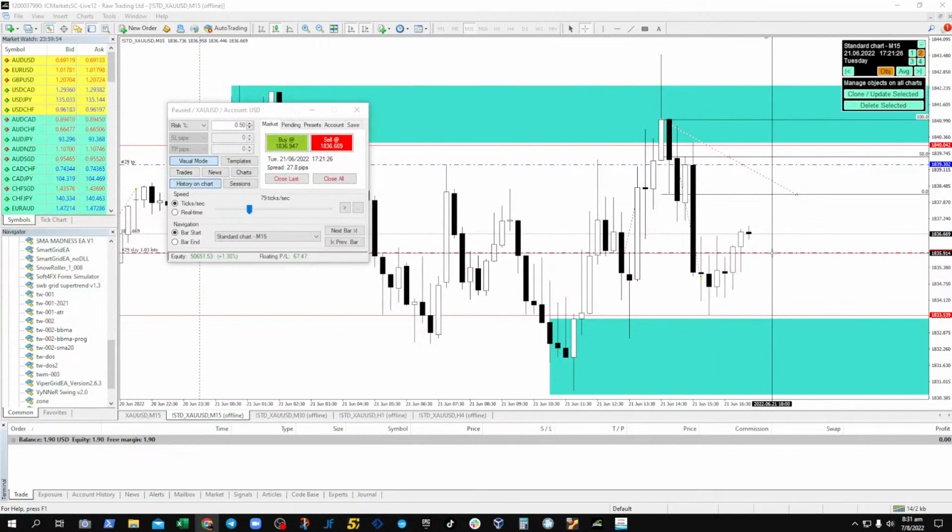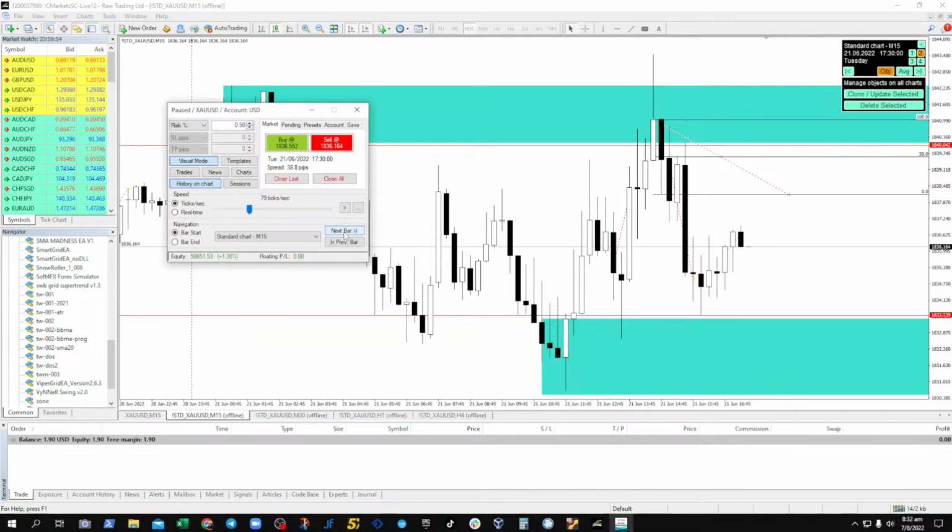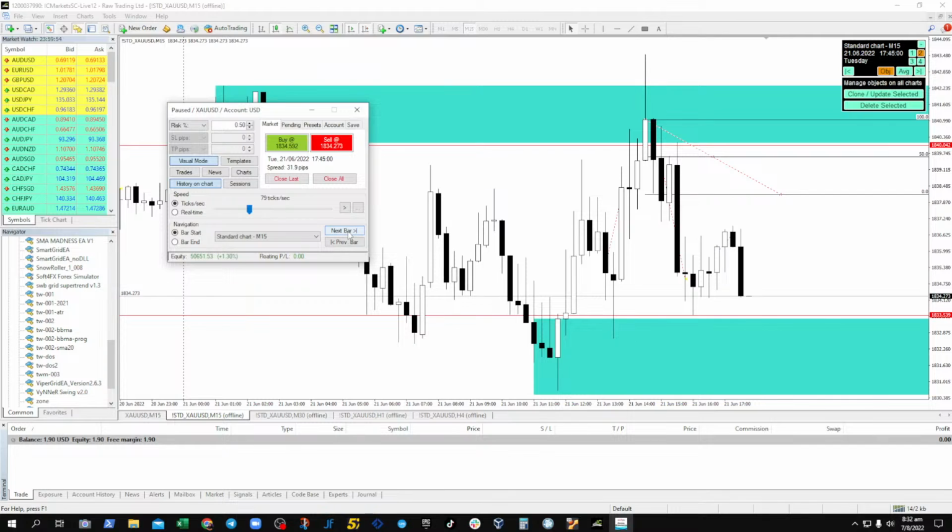Stop was 25 pips. Okay, close all. And if we had waited until 12 midnight, we are still at the entry price, and boom, it's a losing trade.